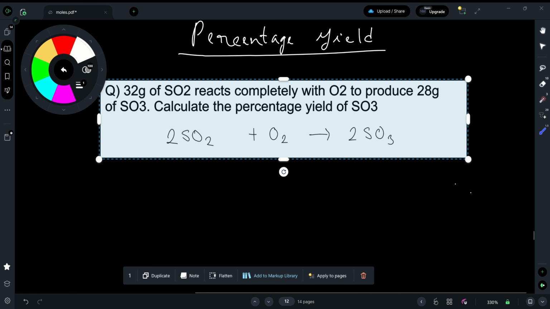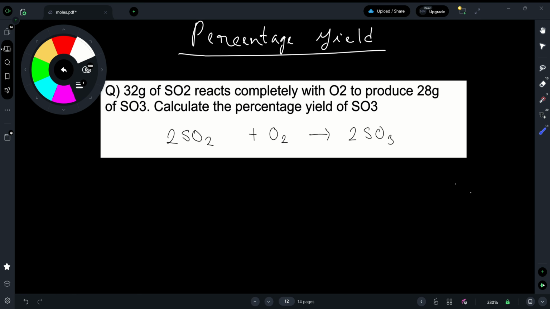So the question says we have 32 grams of sulfur dioxide, SO2, reacts completely with oxygen, molecular oxygen, O2, to produce 28 grams of SO3. They are asking for the percentage yield of SO3.